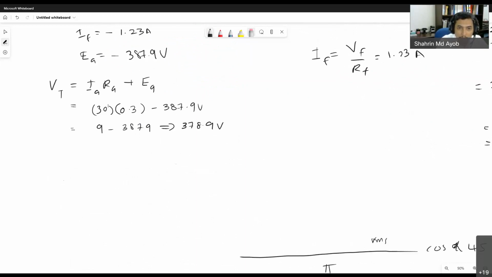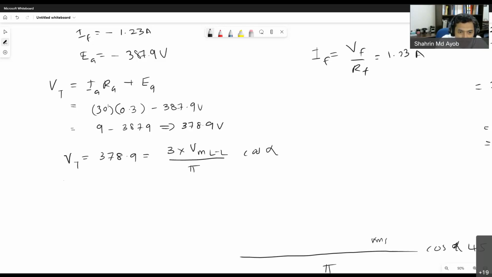We know that your armature circuit is supplied by a three-phase source. So VT, 378.9, equals 3 multiplied with VM line to line over pi cos alpha.